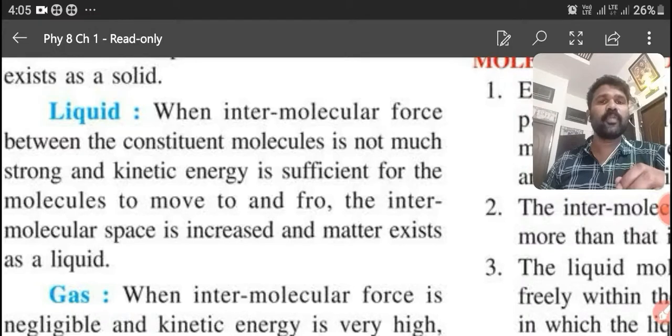The intermolecular space is increased and matter exists as a liquid. In a liquid, the intermolecular space is a little far and the intermolecular force is a little weak compared to a solid. That's why the liquid has its own state.